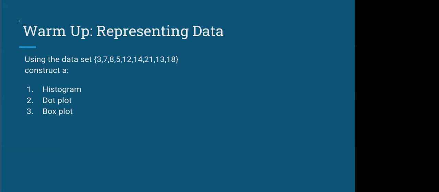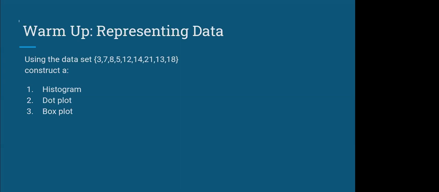So we are using the set of data presented. I want you to do 1 and 3, and I will present 2. I'm only saying don't do 2 because our data set doesn't have any repetition, so there isn't really going to be a whole lot in the dot plot.